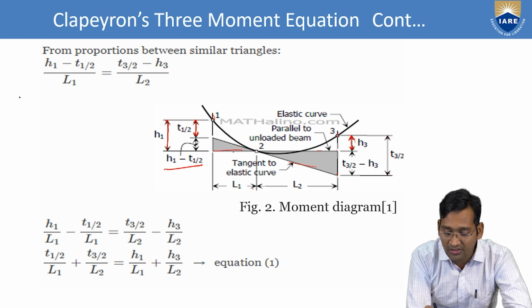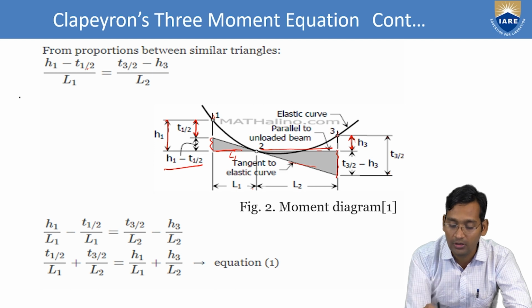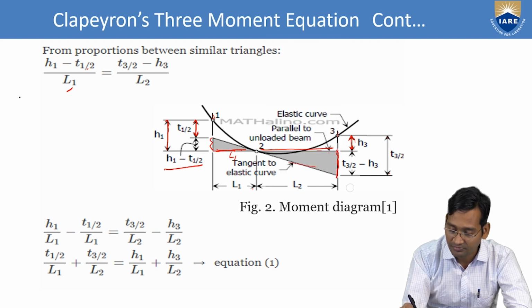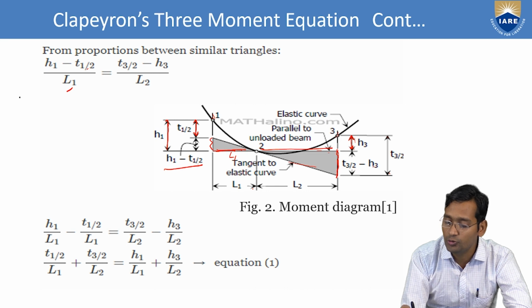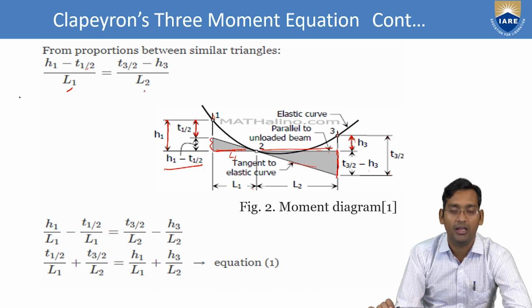This base is L1, so this height divided by this base equals this height divided by this one. This height is H1 minus T1 to 2, divided by L1. For this case it is L2, so this is T3 to 2 minus H3 by L2.